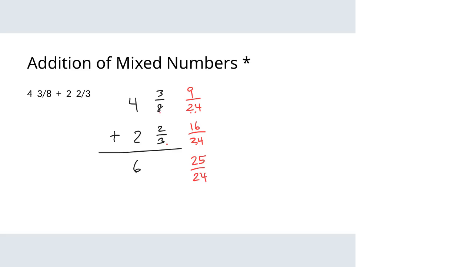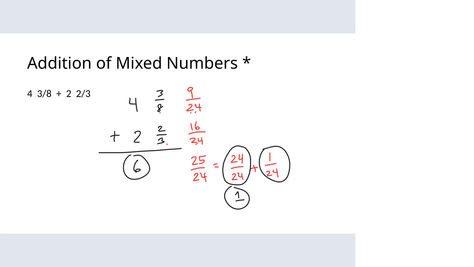We don't want to leave that as an improper fraction, so we can rewrite that as 24/24 plus 1/24. This 24/24 is just 1, so I wind up with 6 plus 1 plus 1/24. And when I add those together, I get 7 and 1/24.